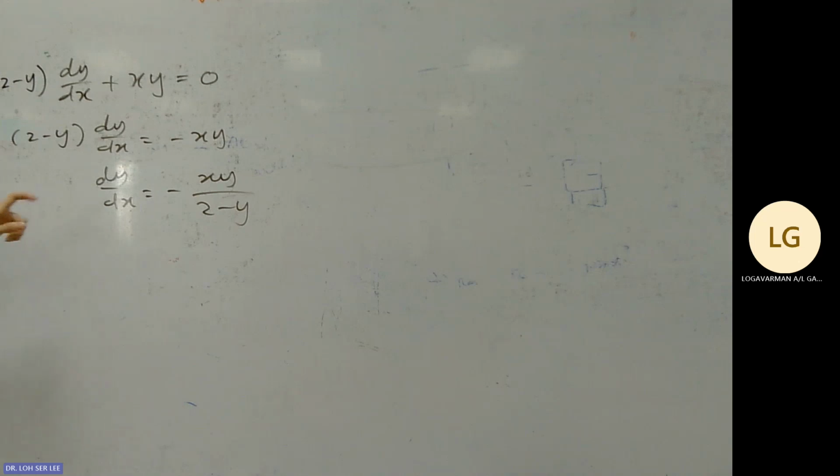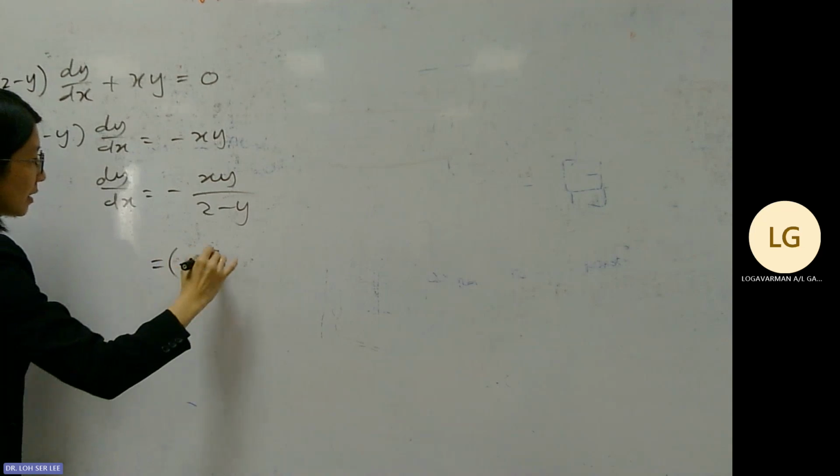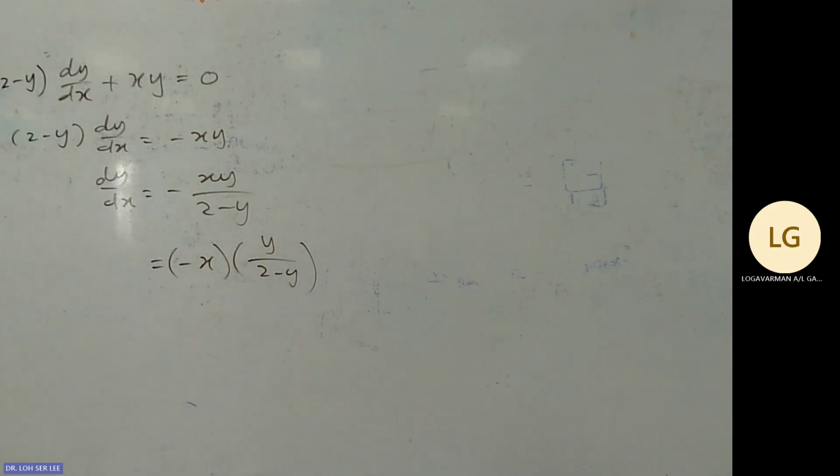Is it separable? Yes. Negative x and y over 2 minus y, a function in x only multiplied by another function in y only.